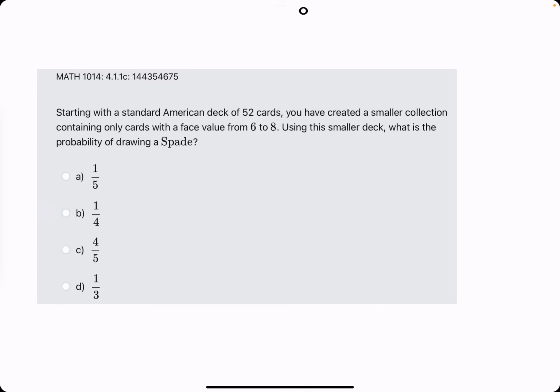You've created a smaller collection containing only cards with a face value from 6 to 8. So 6, 7, and 8. Okay, so 3 cards, and there are 4 suits with these 3 cards. So these 3 cards times all 4 suits, again, we have a little collection of 12 cards total.